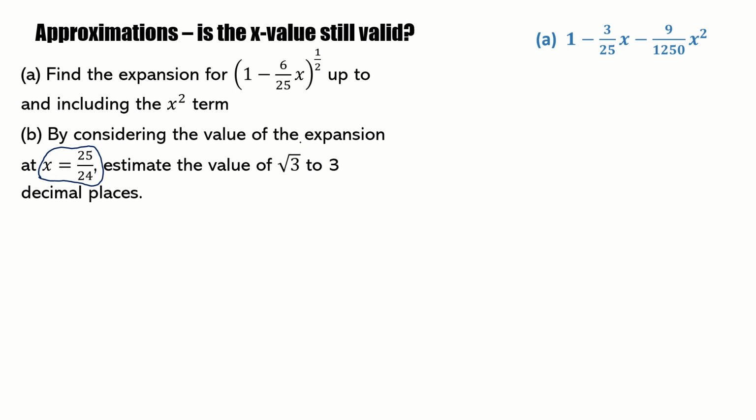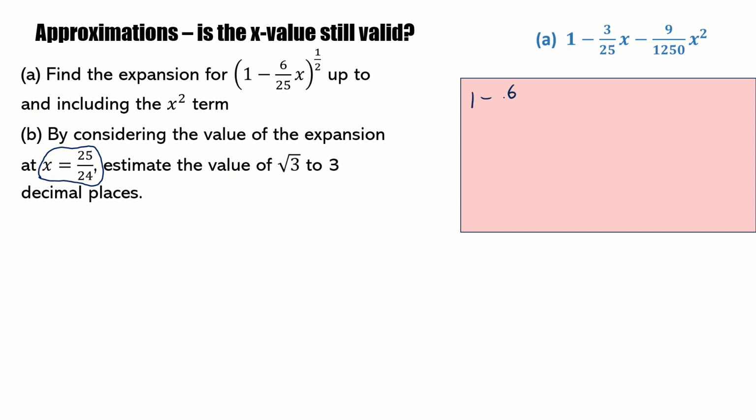So they're both to do with the power of a half. But therefore, if you hadn't read that they want you to plug in x equals 25/24, you might be tempted to try and find the x value yourself. If you were to do that, you would realize the only way 3 to the power of a half is the same as 1 minus 6/25 x to the power of a half is if 1 minus 6/25 x is equal to 3.